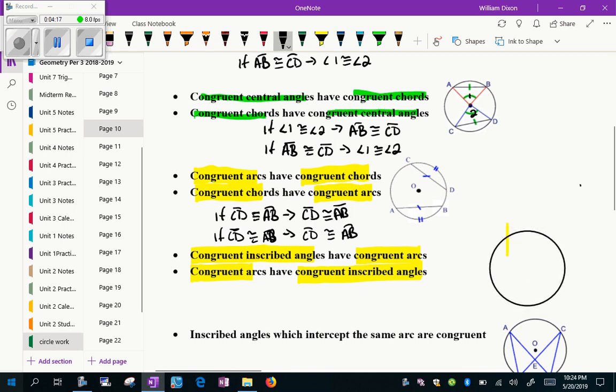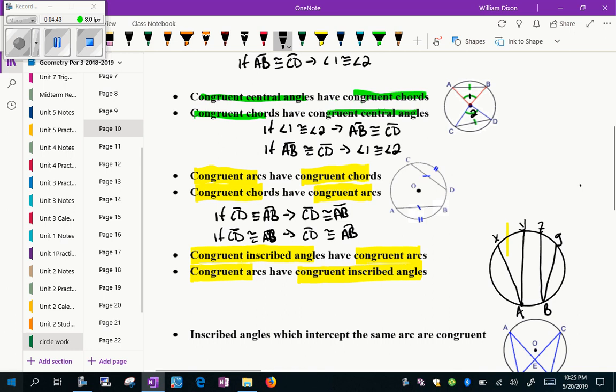That's better. All right, so if I have an inscribed angle, or actually two, which is needed. That's inscribed angle A, and that's inscribed angle B. And the arcs that they intercept, this is going to be XY, and this is going to be ZG.